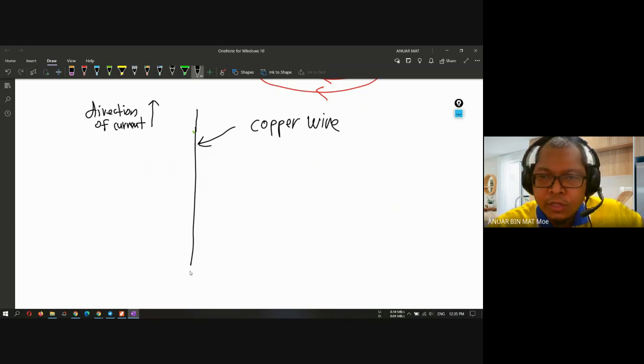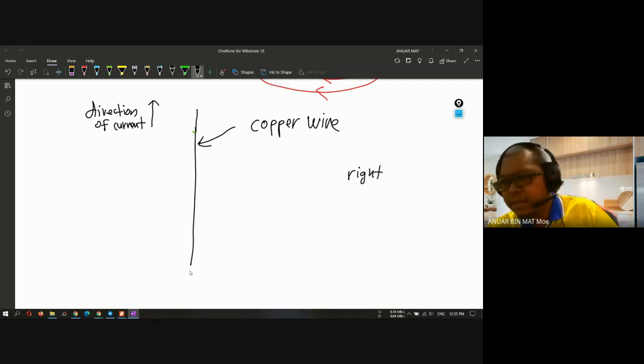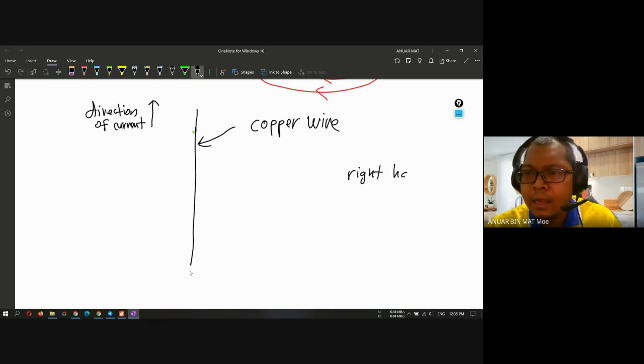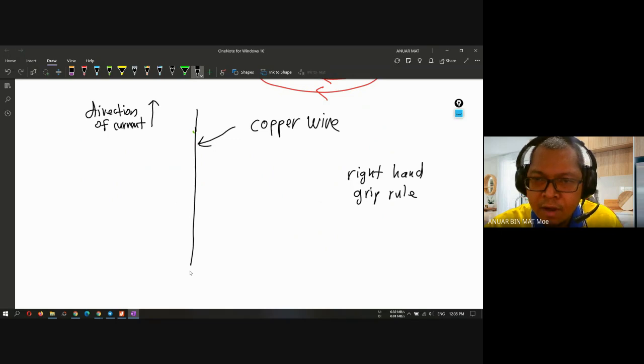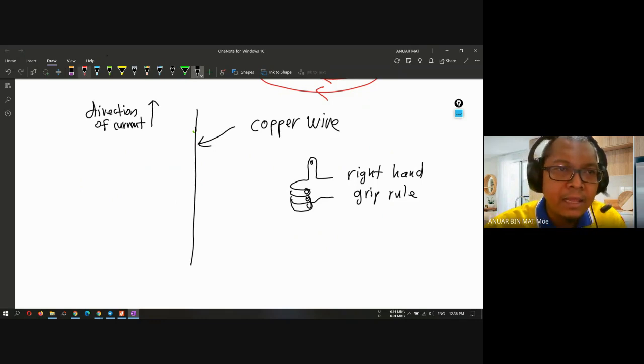You just use the right hand grip rule. Meaning that if the right hand grip rule is like this, I just draw the finger.